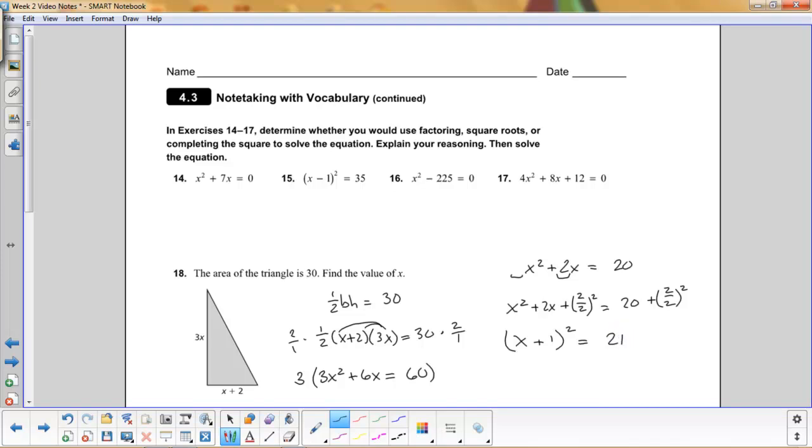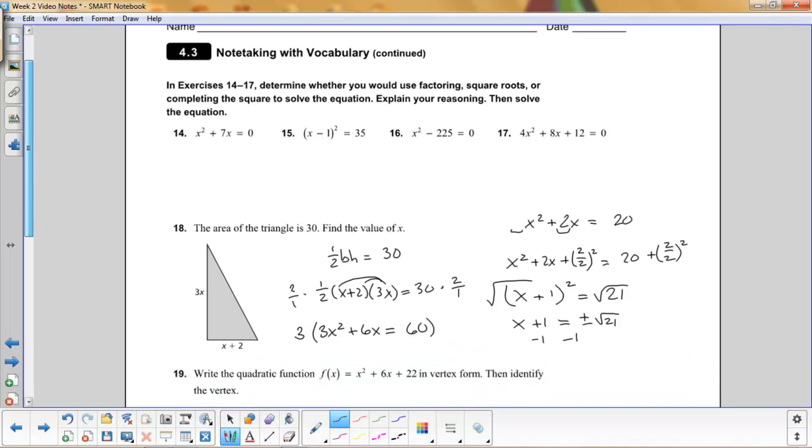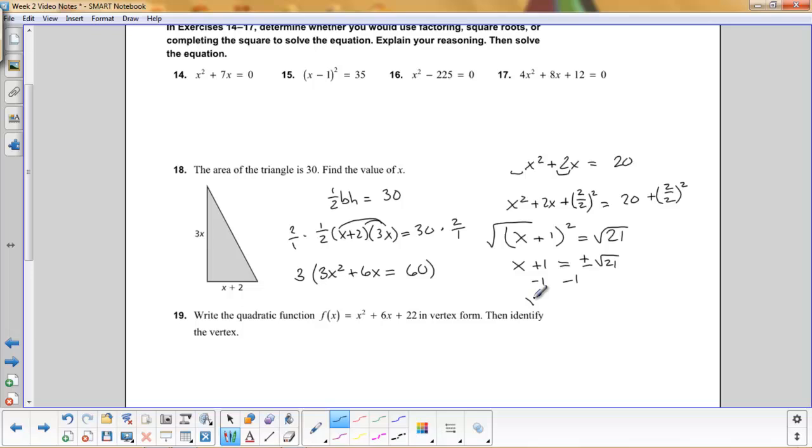I'm going to square root both sides, and that's going to give me x plus 1 equals plus or minus the square root of 21. Subtract 1 from both sides, and the solution that I'm going to get is x equals negative 1 plus or minus the square root of 21.